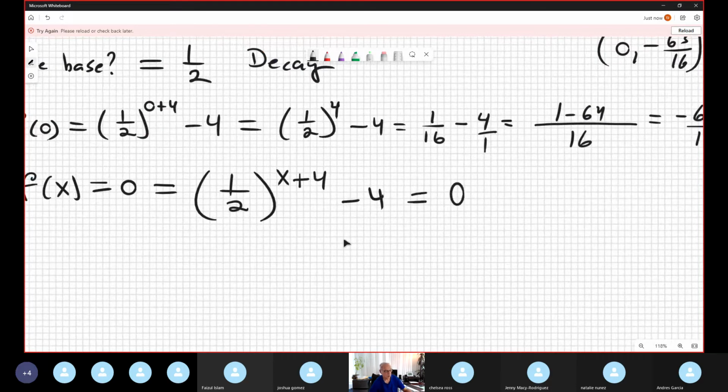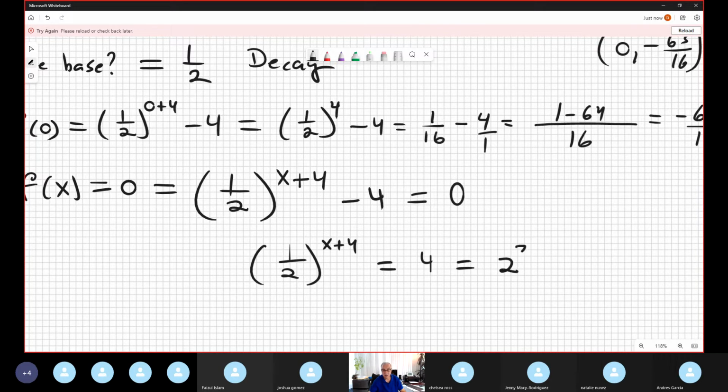We found an exponential equation: an equation that contains the unknown in the exponent. Okay, no problem. I try to do my best. My best is 1/2 raised to the x plus 4 equals 4. You isolate the exponential. Sometimes it's impossible, sometimes it's possible. In this case, an elementary example, it is possible.